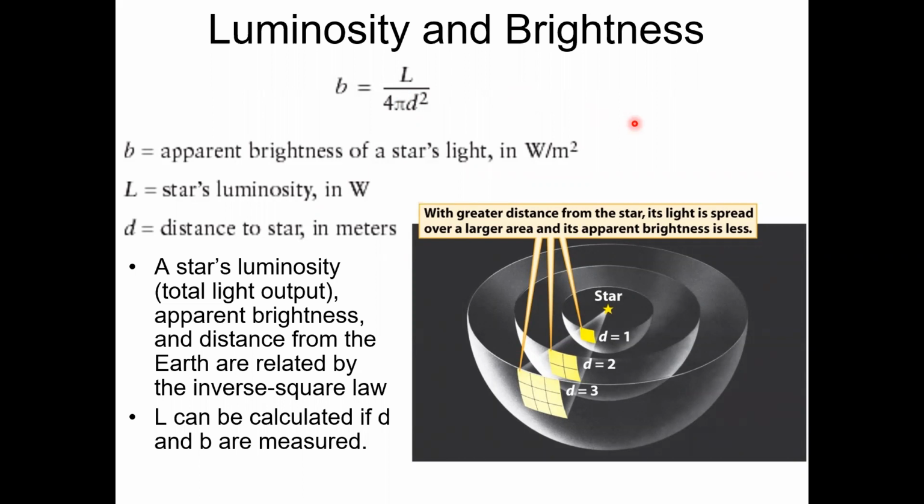So what is it here in astronomy? B is equal to L over 4 pi d squared. When you see 4 pi, again, you see this is the area of a sphere and all, right? So everything is very, very familiar to you. So this capital L on the right-hand side is the star's luminosity.